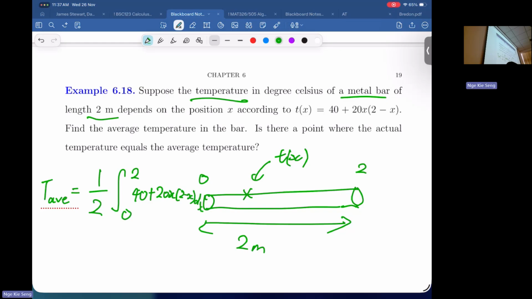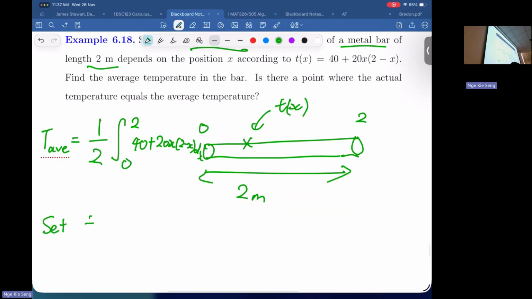This is just a polynomial, so very easy to integrate. But the question says, is there a point where the actual temperature equals this average temperature? What does it mean? Is this temperature realized by the temperature function? So what do you do here? You need to set T(x) equal to the average temperature, and then find x.